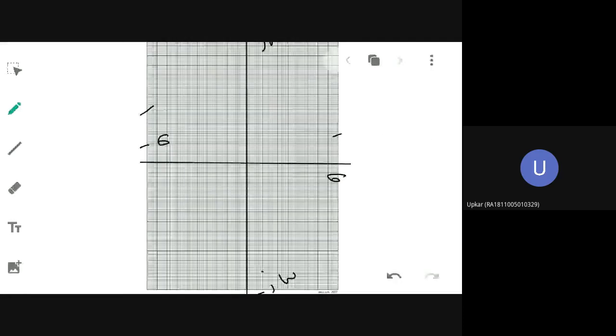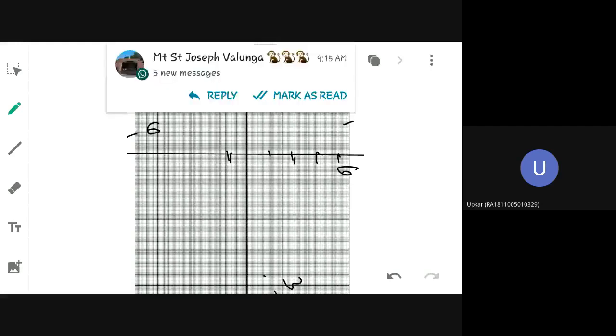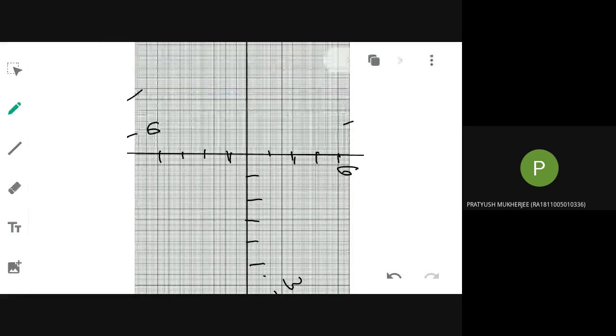This point I will consider as 1. This one 2, this one 3, 4, like this. Like this, you also take scale. Are you doing it? Yes, ma'am. Equal scale you have to take. Remember that you are to take equal scale for all 4 axes together. Otherwise, your graph will go shabby.